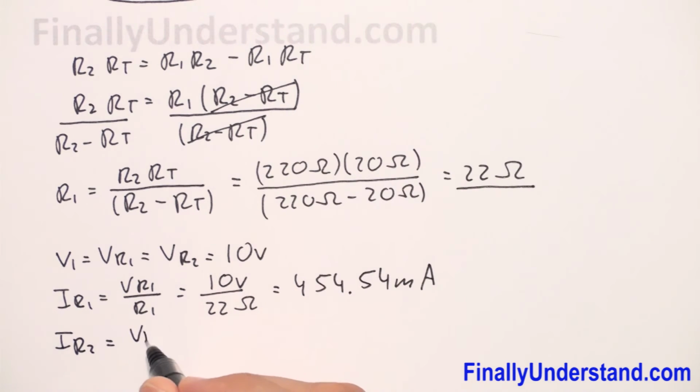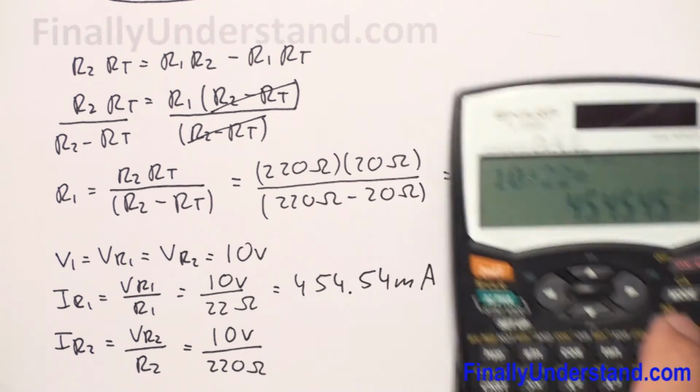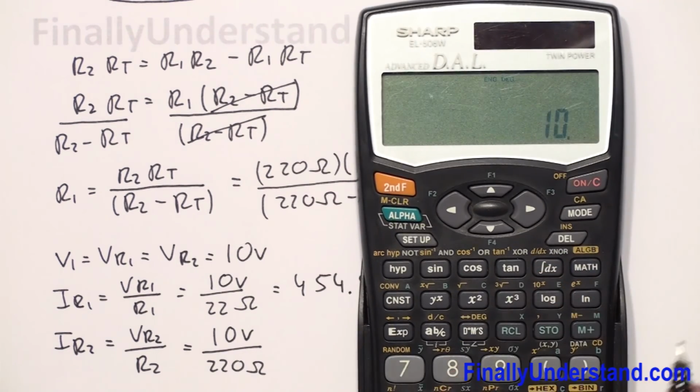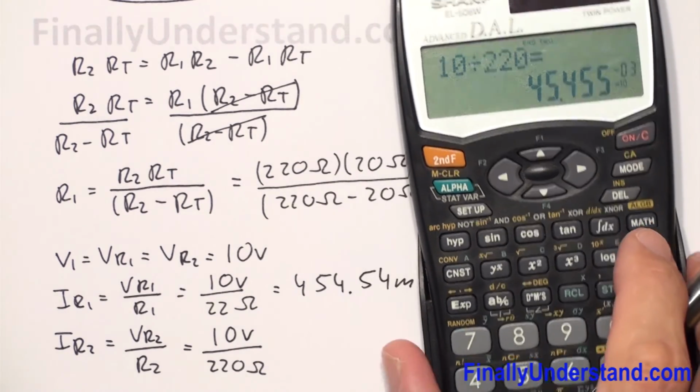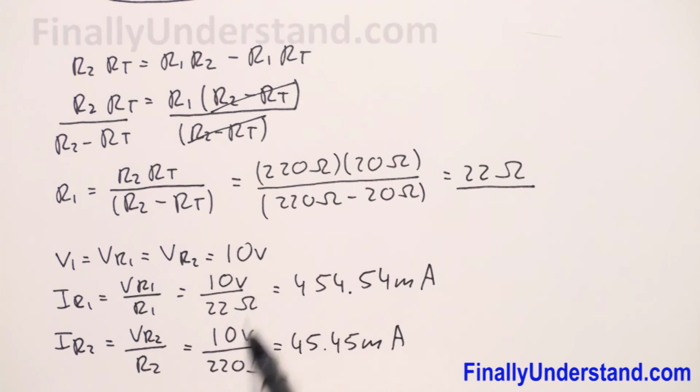IR2 is equal to VR2 over R2, which is equal to 10 volts over 220 ohms. So now I'm going to use the calculator, and I have 10 divided by 220. This is equal to 45.45 milliamps.